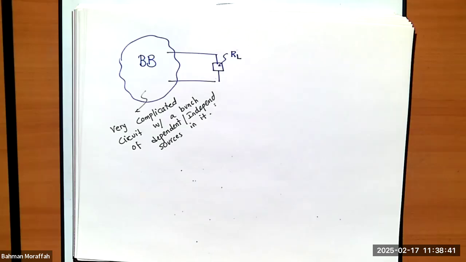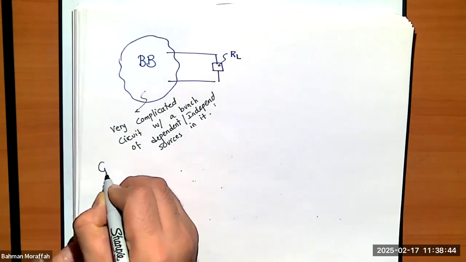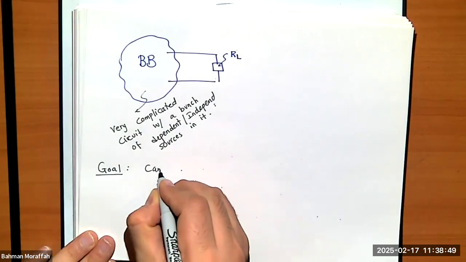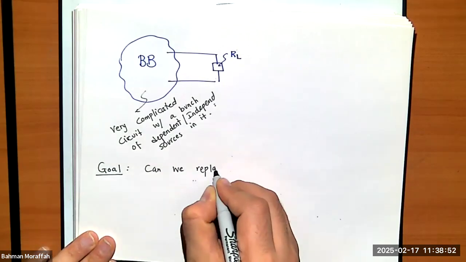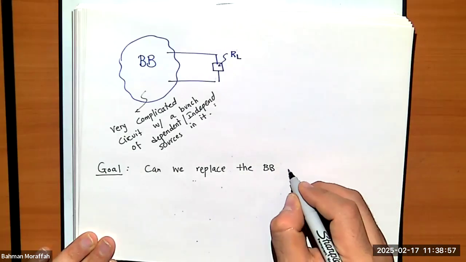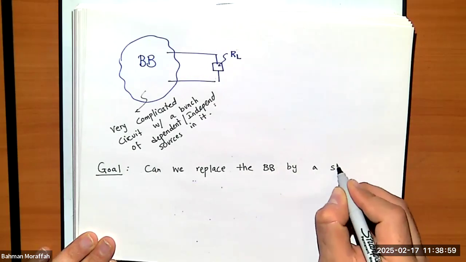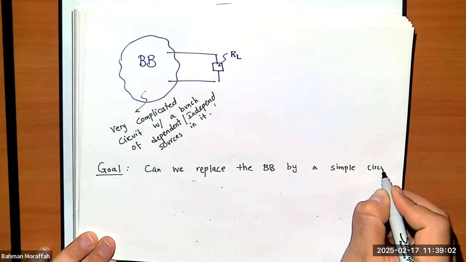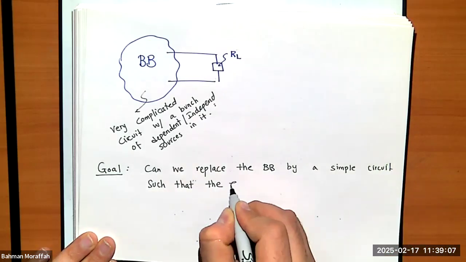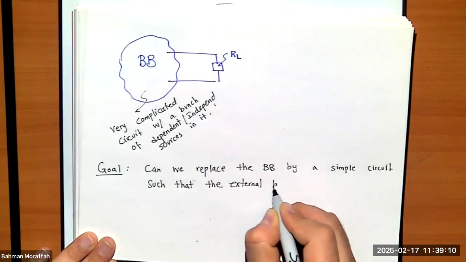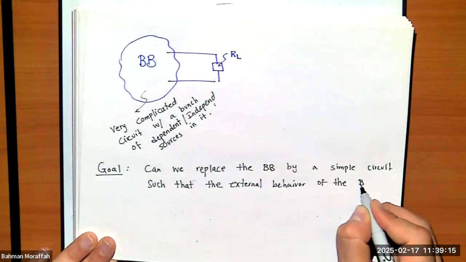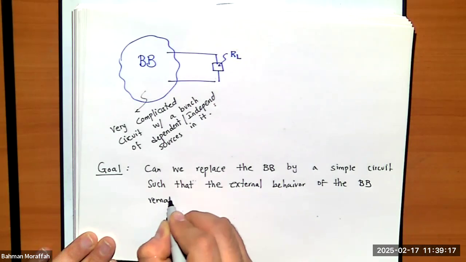So the question here, or our goal here, can we replace the black box by a simple circuit such that the external behavior of the black box remains the same?